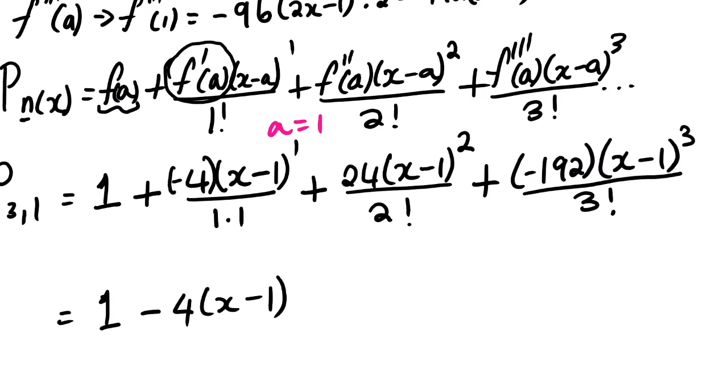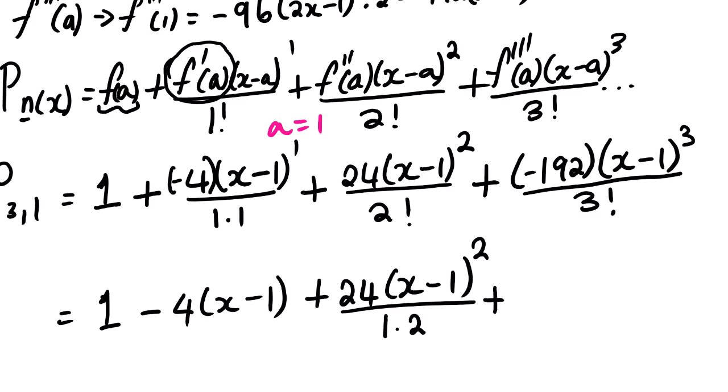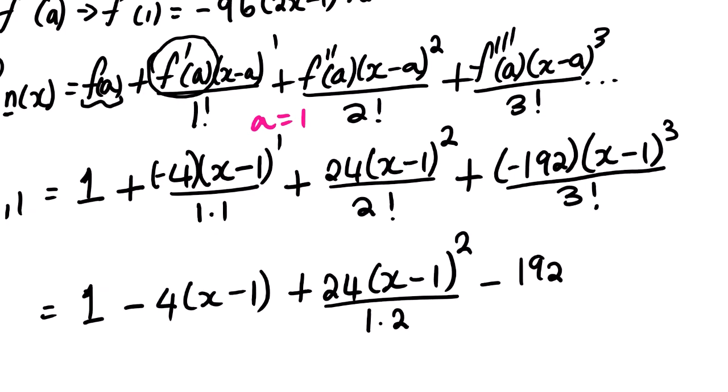We know that 1 factorial is the same as 1 multiplied by 1, so it's 1, and then we have plus 24(x minus 1). The factorial of 2 is the same as 1 multiplied by 2, plus negative 192(x minus 1) to the power 3, and then we have 1 multiplied by 2 multiplied by 3.